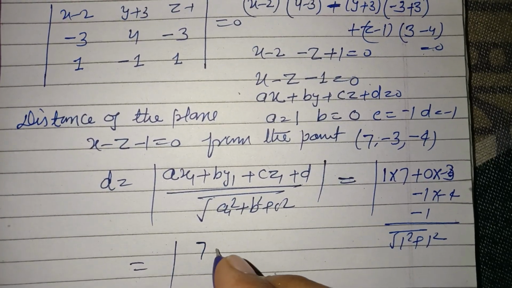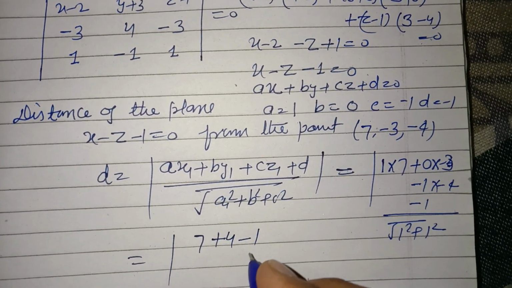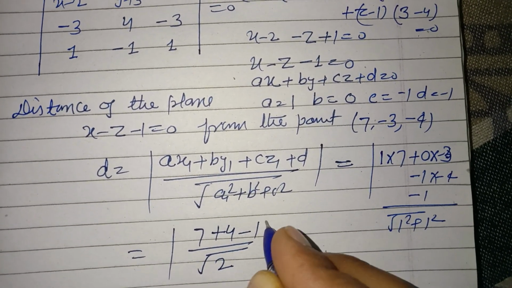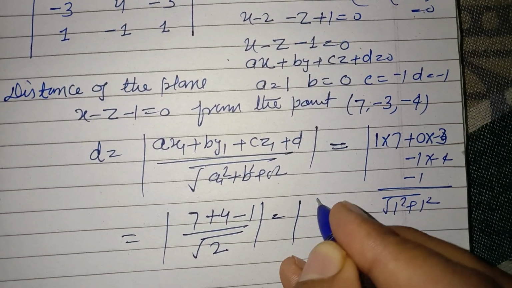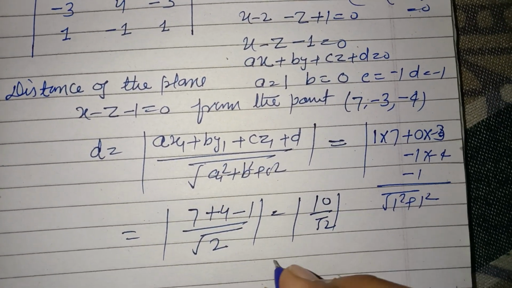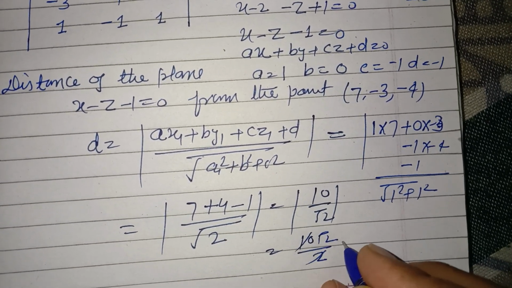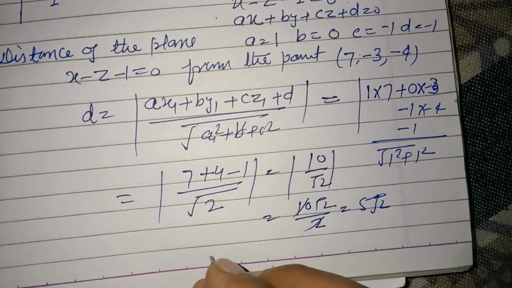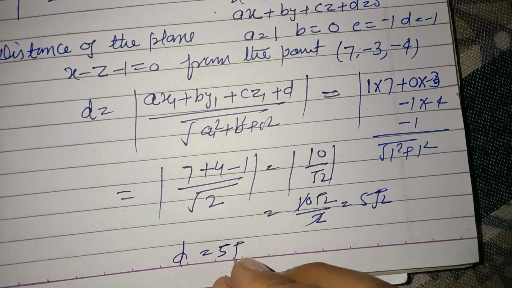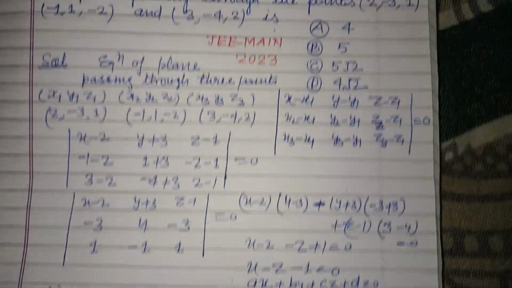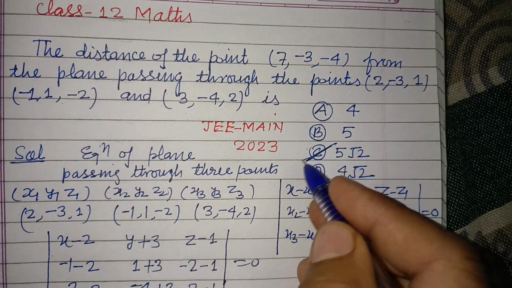So this becomes 7 plus 4 minus 1 upon under root 2, which is 10 upon root 2, and this becomes under root 10 into under root 2 upon 2. So this is 5 root 2. So the distance is 5 root 2, which is found in option C.